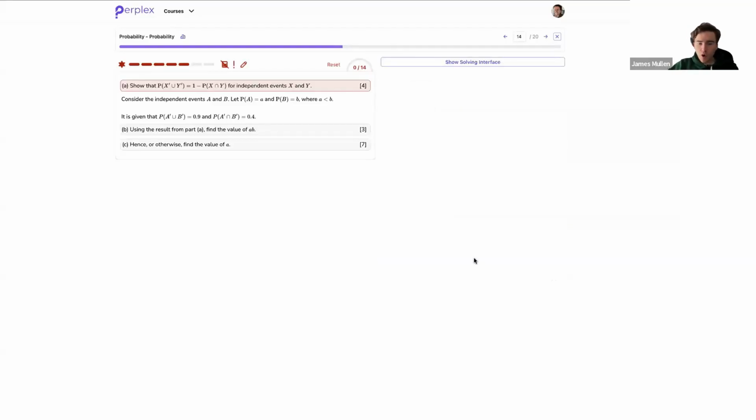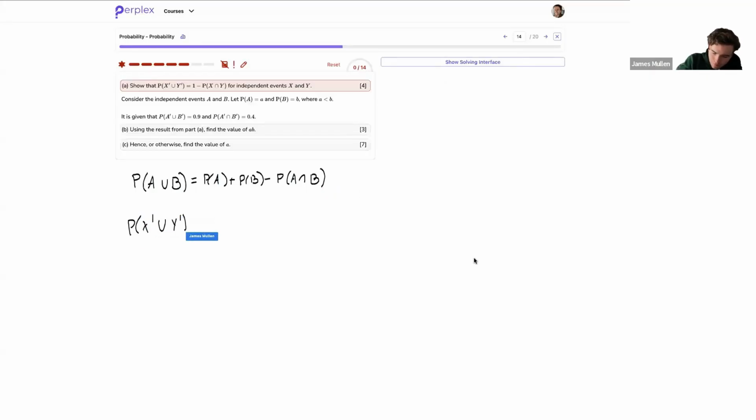All right, let's go over this. So we're going to start from what we know to be the definition of P of A union B, which is P of A plus P of B minus the intersection. Okay, so that means for x prime and y prime, that's P of x prime plus P of y prime minus P of x prime and y prime.